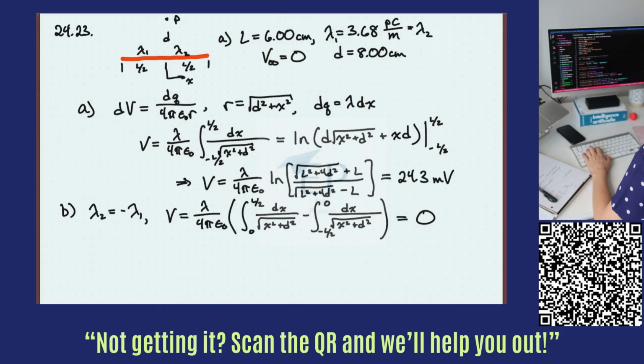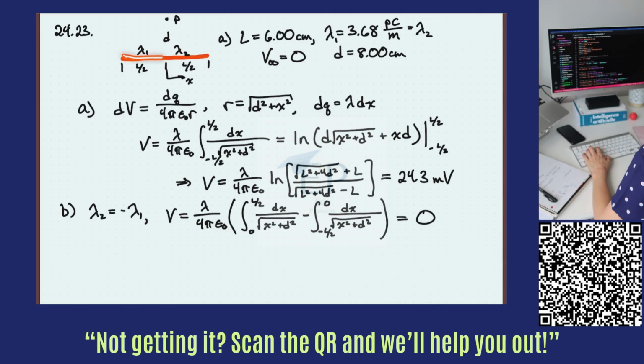So in this problem, we have this bar of charge down here along, say, the x-axis, and we're asked to find the voltage at a point P above the center of the bar, and that's a distance d above the center of the bar. And so we're actually given two cases.